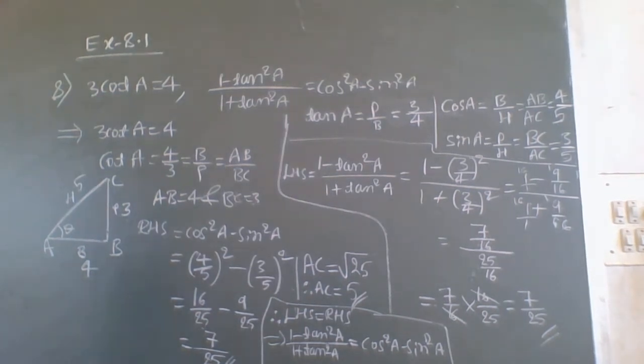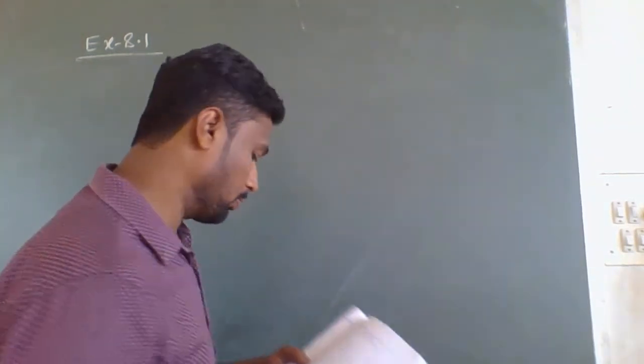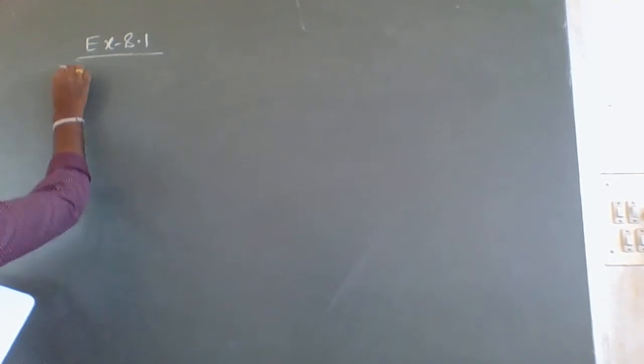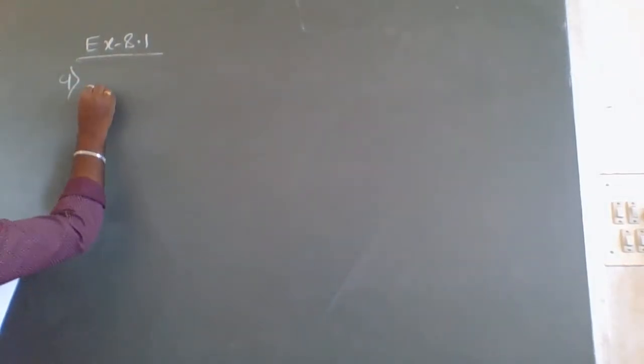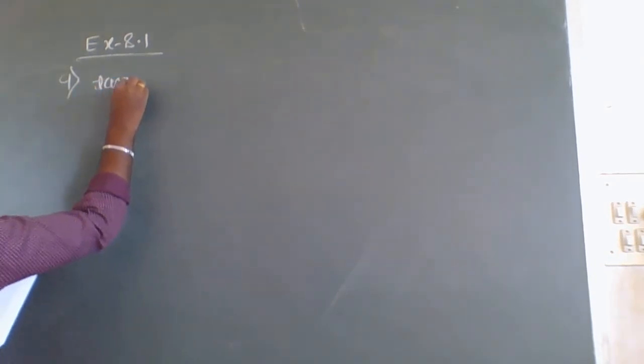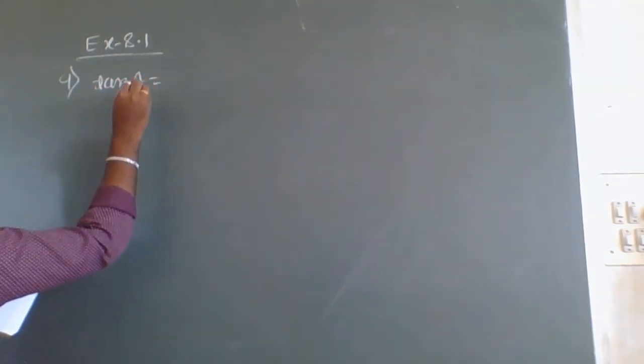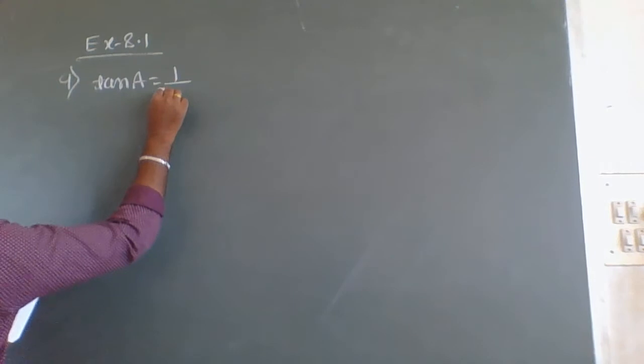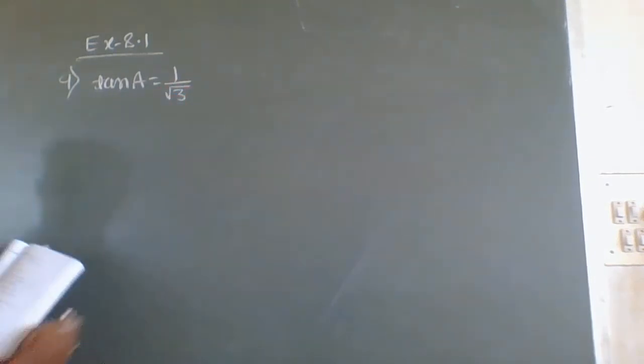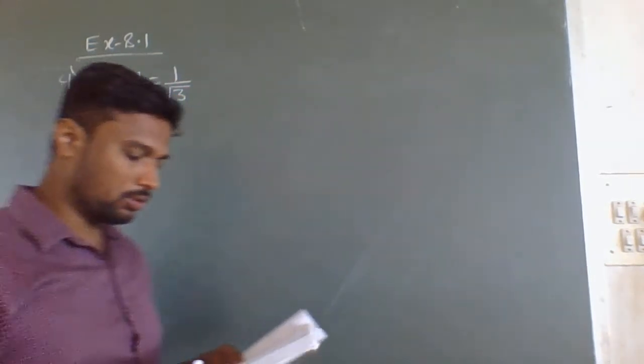Now I will discuss the next problem, the ninth problem. In the ninth problem, what they have given is tan A equals 1 by root 3. Tan A equals 1 by root 3.